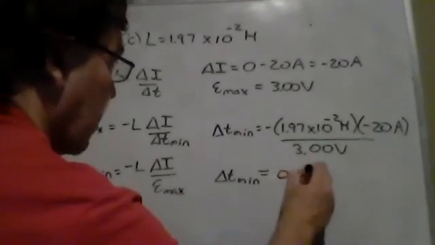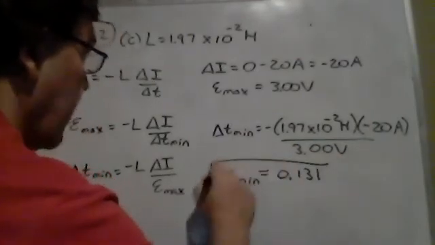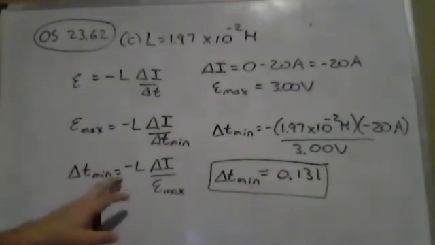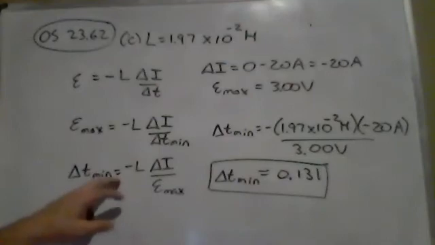If I shut this circuit down from 20 amperes to 0 any faster than that, then I will incur a self-induced EMF that will be beyond 3.00 volts, which is what I don't want. I can shut it down in a slower manner. That's perfectly fine. But I guess what I really could have put here is I should have said that T-min has got to be greater than or equal to this number.